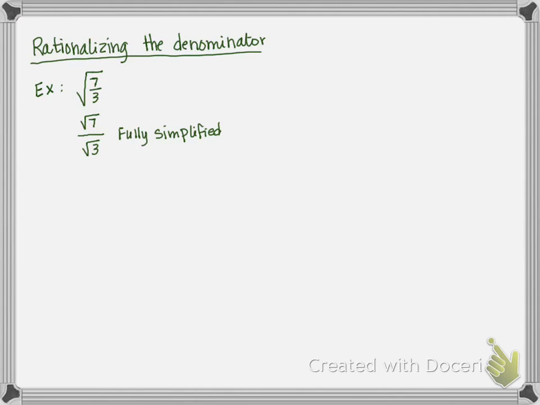The one limitation it had is that you couldn't divide by an irrational number. You could multiply by irrational numbers all day long, but you couldn't divide by them. So if I was trying to get a decimal approximation for the square root of 7 over the square root of 3, I'd be out of luck because I would have to do division by an irrational number. And so that's why people started rationalizing denominators.